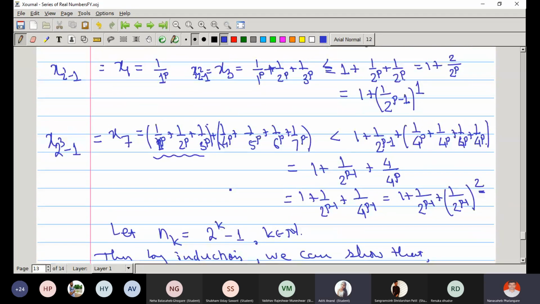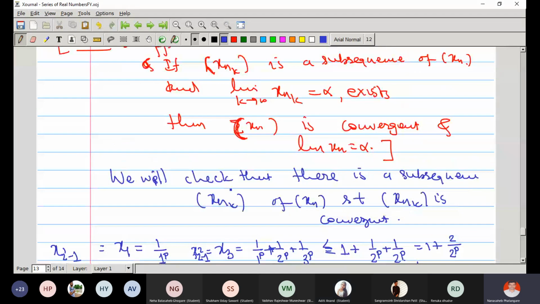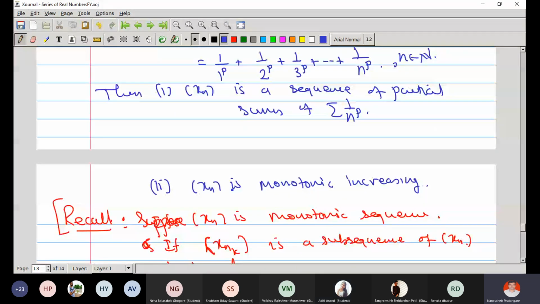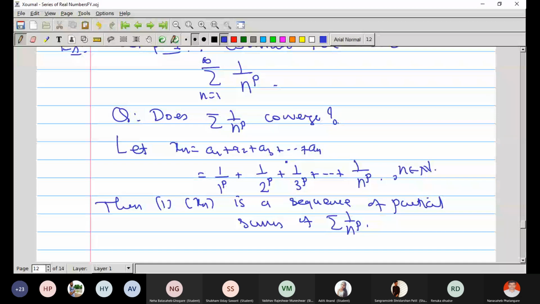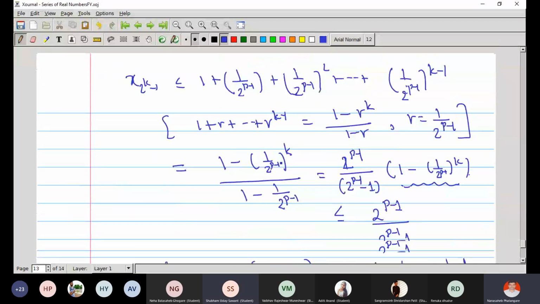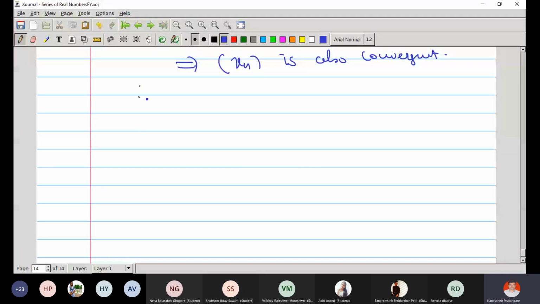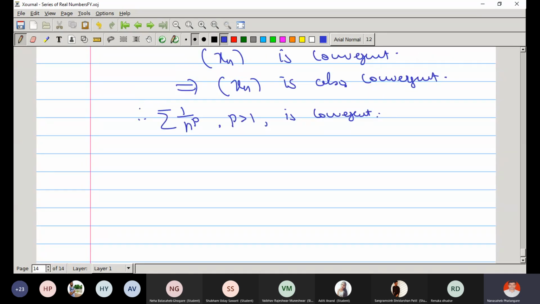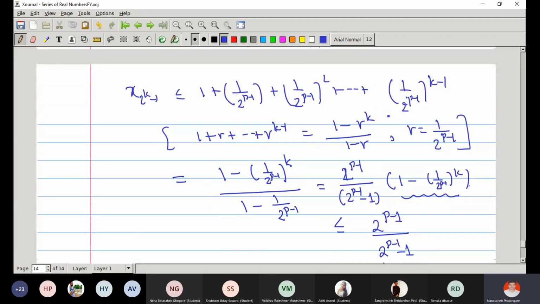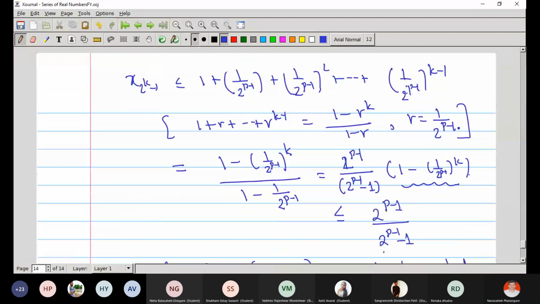Therefore, can we declare that the corresponding series is convergent? So the series is convergent when p is greater than 1. Remember that here p is greater than 1, therefore 0 is less than r, which is less than 1.